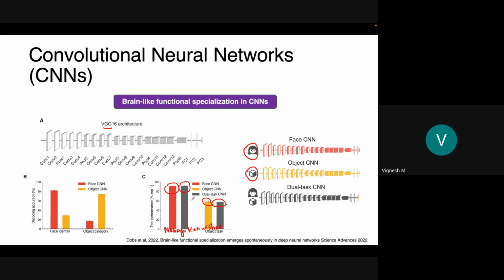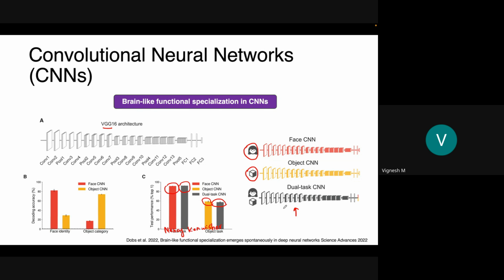So what can anybody think about what that would mean about the network? What does that say? Any guesses? Like there's no specialization. No.